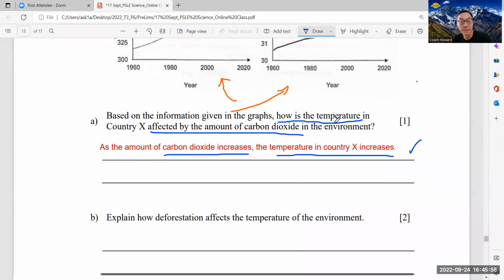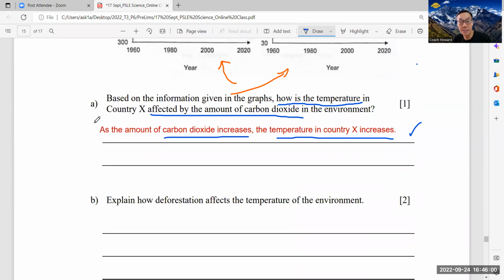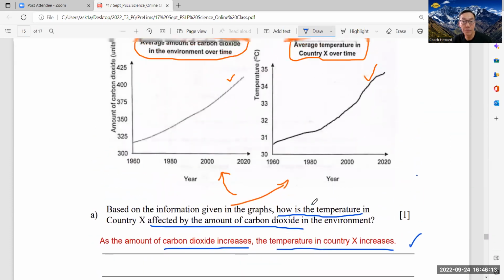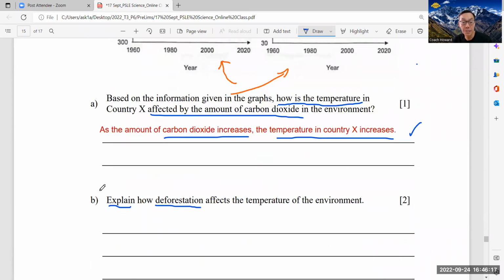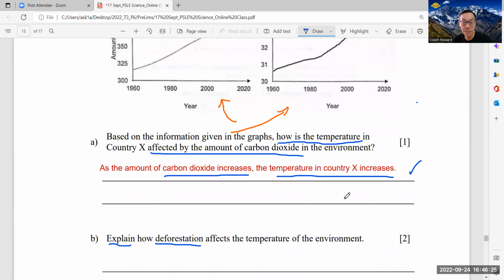Okay, next. You notice part A is mainly to state the observation, but in B you are required to explain how deforestation affects the temperature of the environment. One of these trends perhaps is due to deforestation. This part B is an independent question, it does not require you to use the graph to explain.